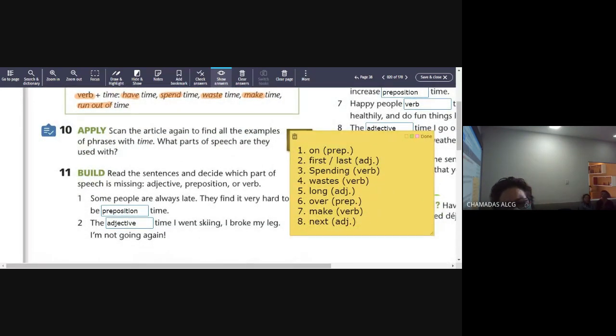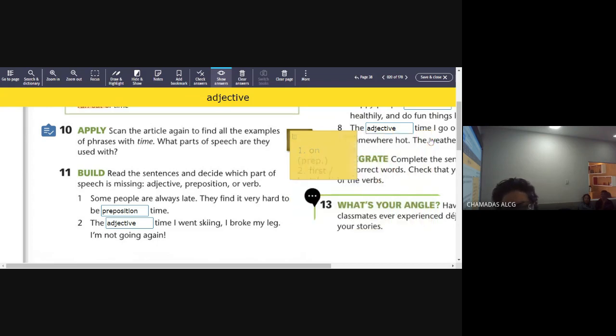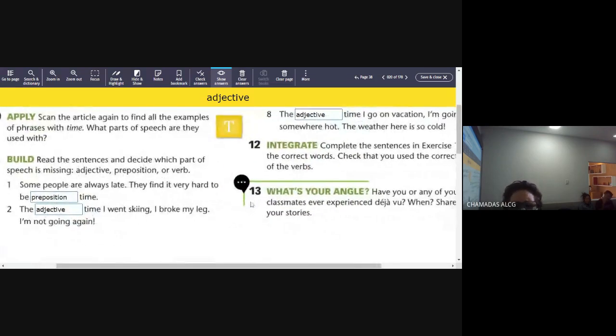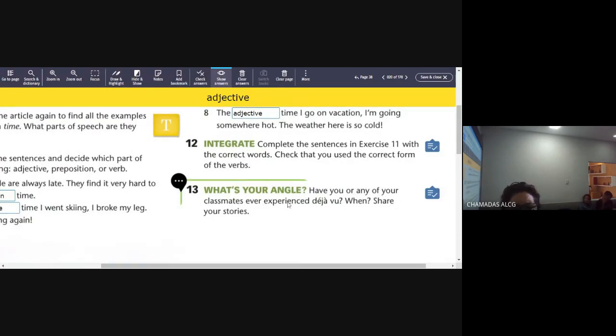Only here, instead of using wastes, which is also okay, they put wasted in the past. That's okay. No problem.